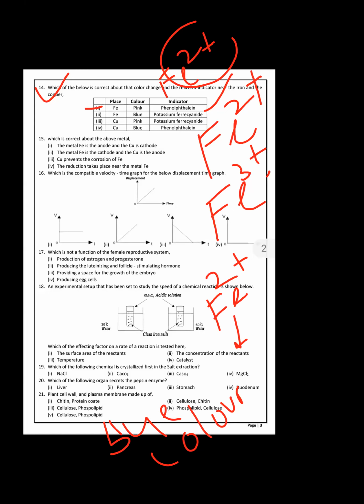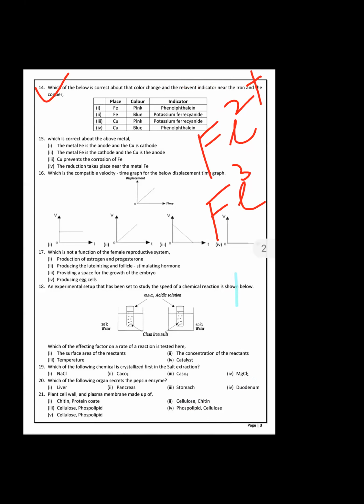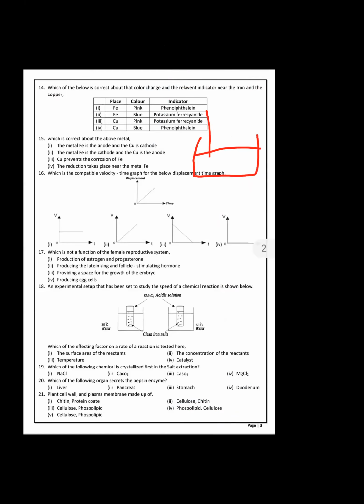We will give the experiment. They have forgotten to give their experiment; it should be like that. Probably this is a galvanic cell.